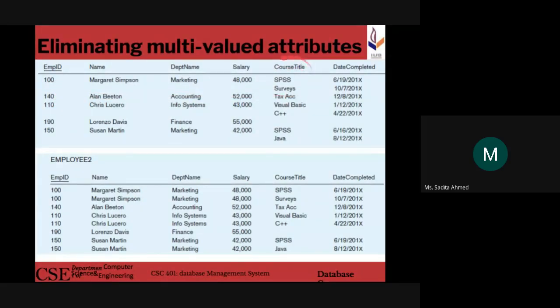How many values do we have for course title for emp ID 100? Two. SPSS and surveys. Similarly, two date completed values as well for a single employee, emp ID 100. Is that in keeping with the rules that we've just discussed? No, ma'am.